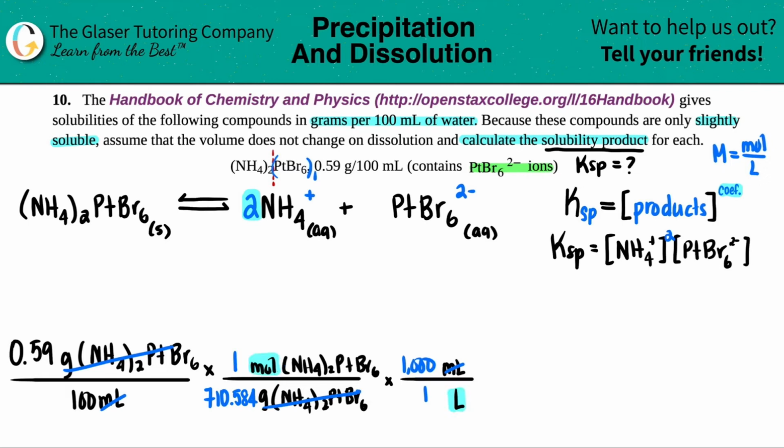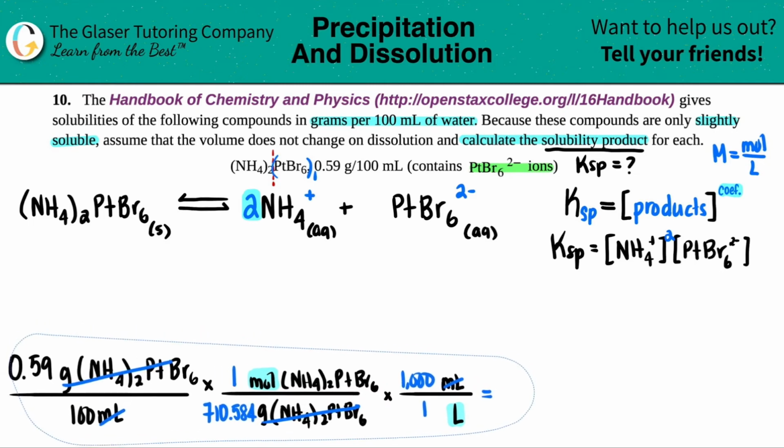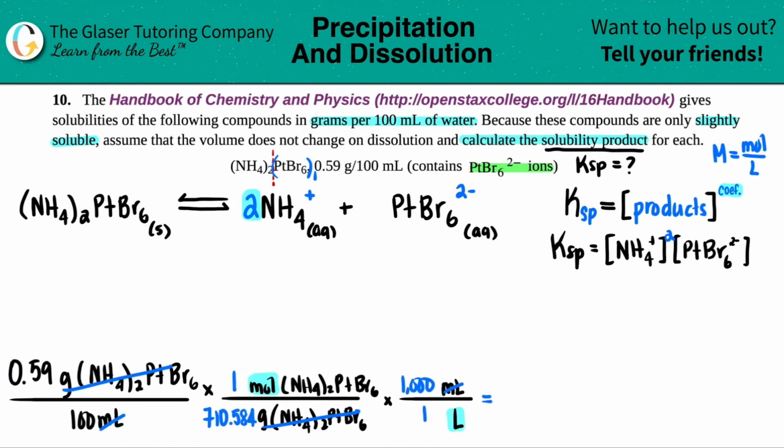That's a molarity. So we got 0.59 divided by 100 divided by 710.584, and then this answer times by 1,000.